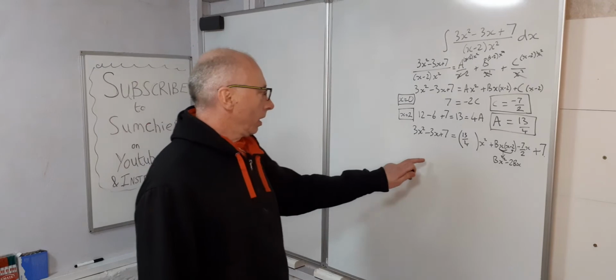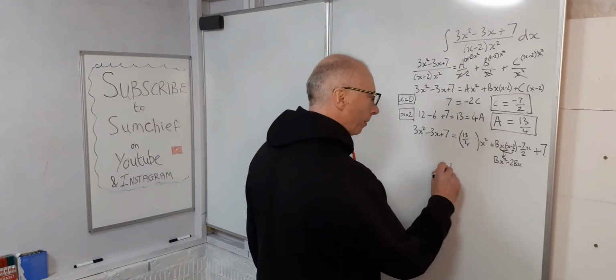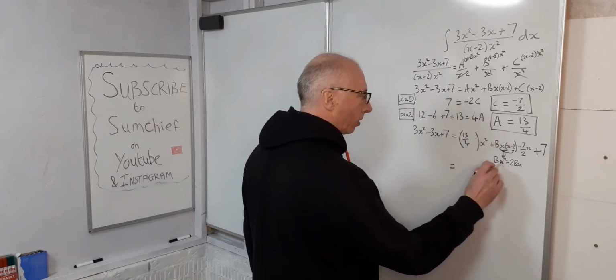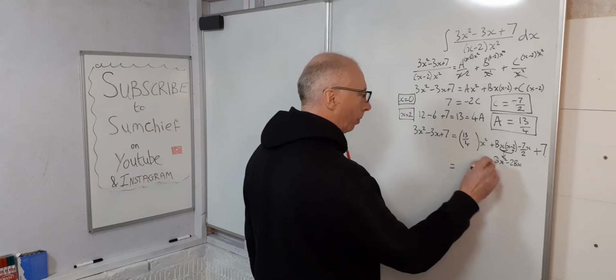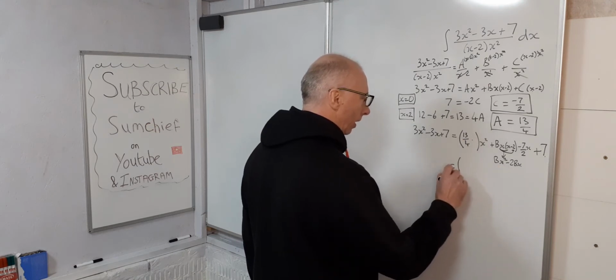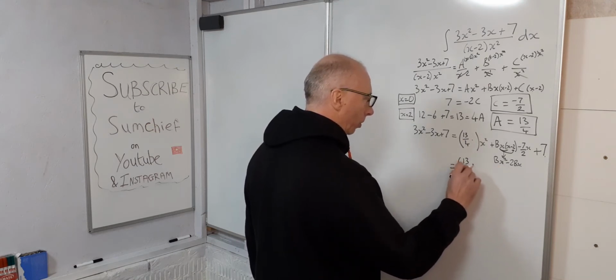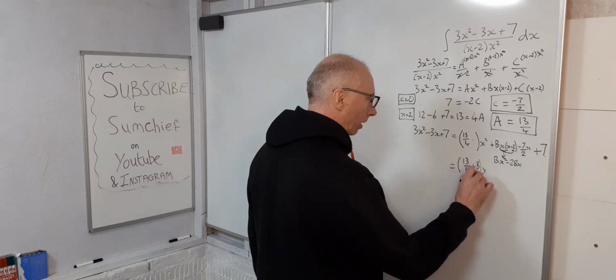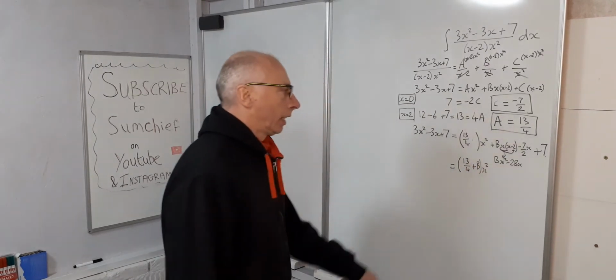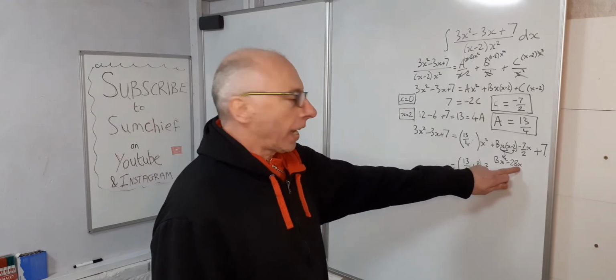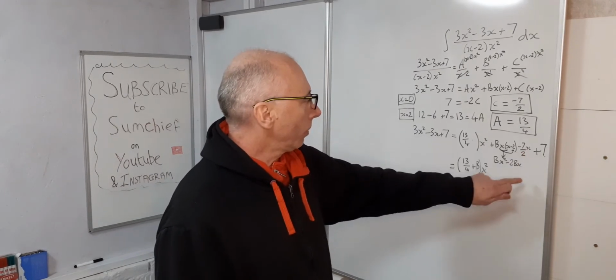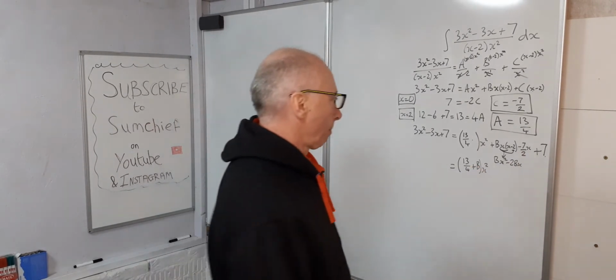Okay, let's go on to the next line. So the bx squared, we can now put that into here. So that equals 13 over 4 plus bx squared. Okay, now for the x, we've got 7 over 2 and 2b.